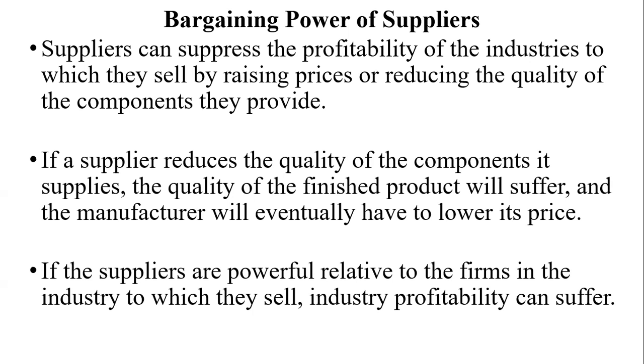You have to plow back and add it into your new cost price, the new amount that you are going to use to purchase the goods or services. They can also reduce the quality of the components they provide, so that it will be giving you a lot of bad feedback and challenges, or you will have to put a lot of these components together before you can get the previous desired satisfaction.